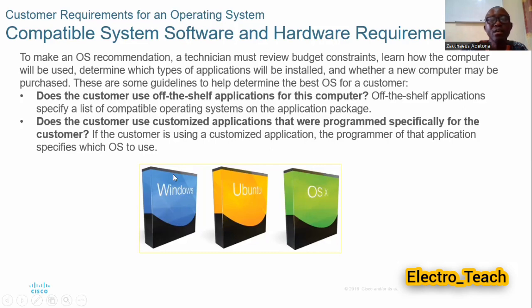If the customer is using a customized application, the programmer of that application will specify which operating system to use, and that gives you an idea what operating system should be installed. So those are some of the requirements to know the compatible operating system to be installed on a computer.